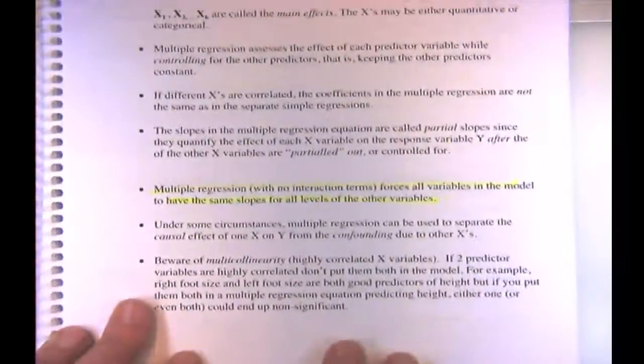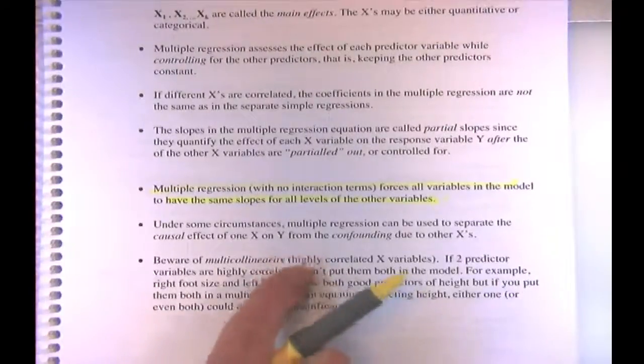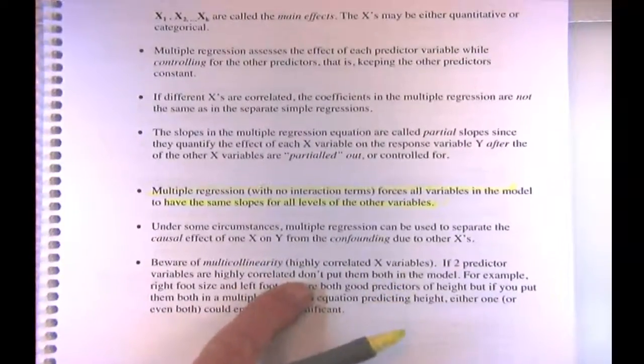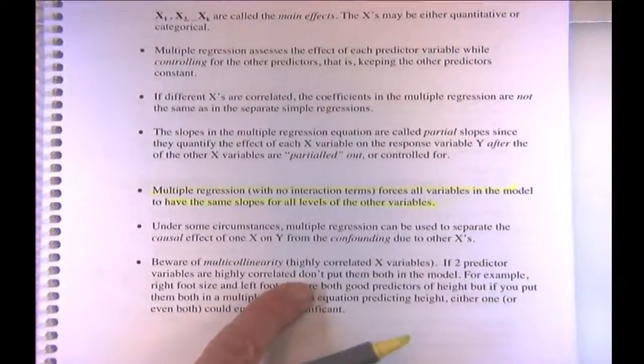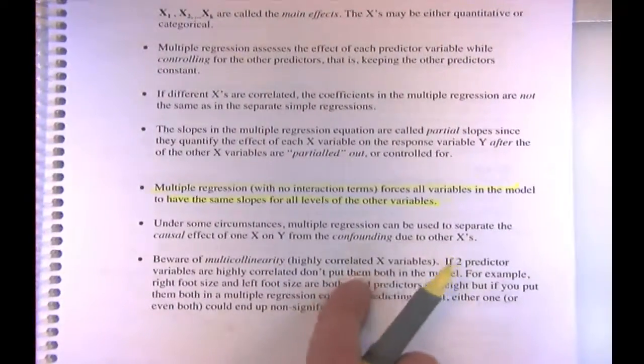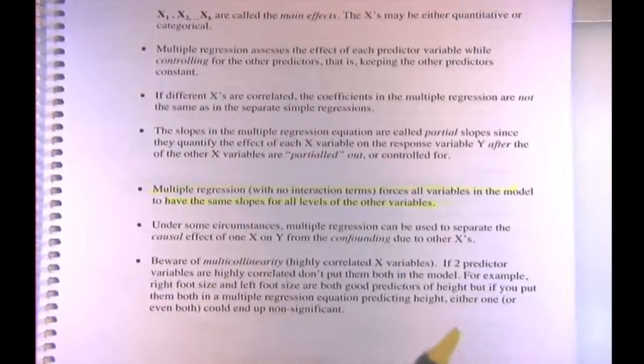And then this last thing: we said if the x's are correlated with each other, then the slopes are going to change in the multiple regression. But we didn't talk about the danger of what happens when they're completely correlated or very, very highly correlated.